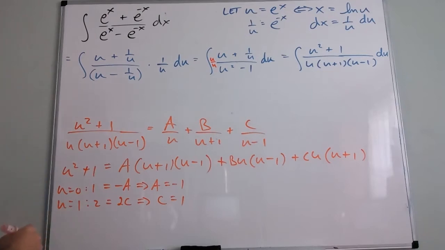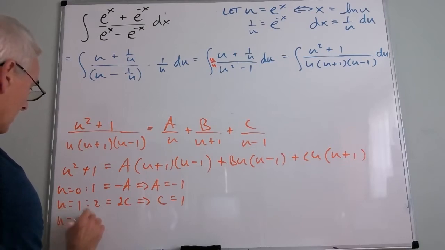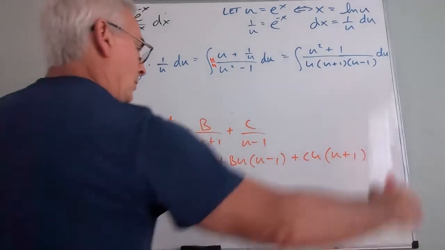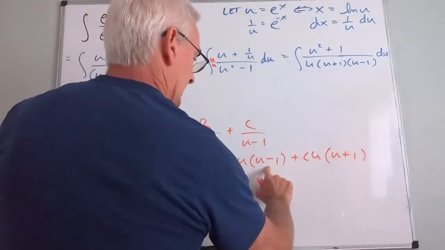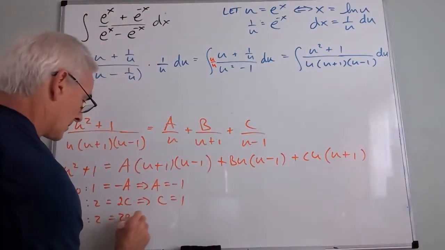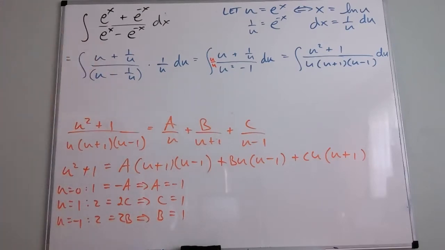And what should my third choice be? Negative 1. And the left side I have again 2. So 0, 0, negative 2 times negative 1, that'd be 2 times b. If I did this correctly, yeah, that looks beautiful.